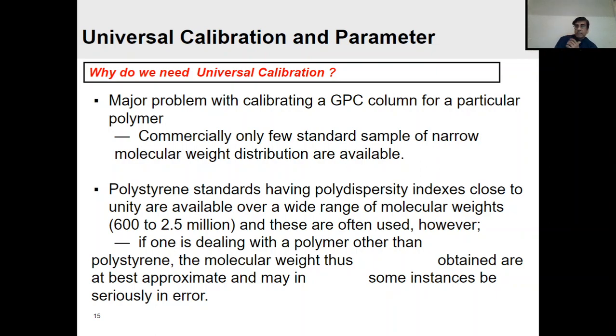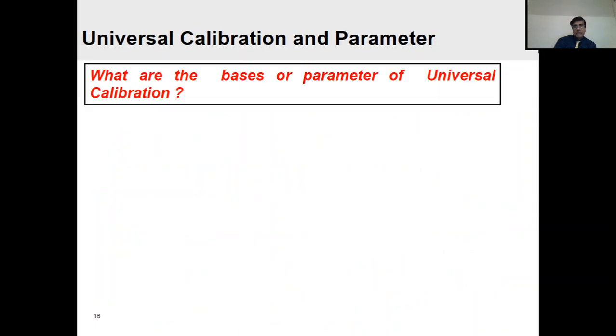That's why sometimes the result obtained cannot be completely trusted and may have some serious error. That is why we need a universal calibration that can accommodate different types of polymers which are entirely different from each other. That's the reason for the requirement of universal calibration.